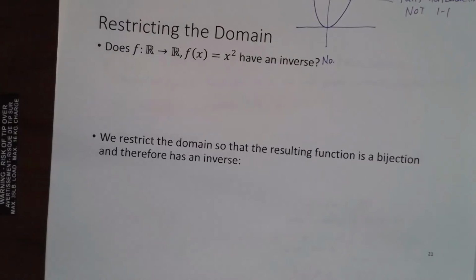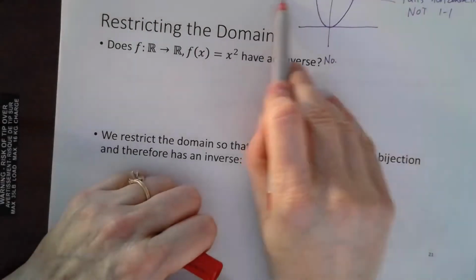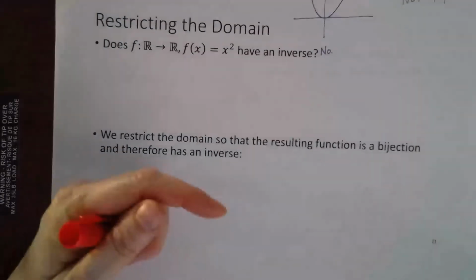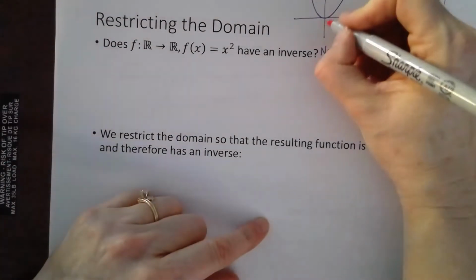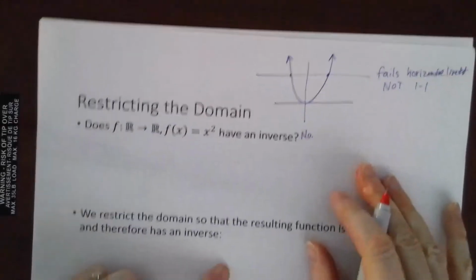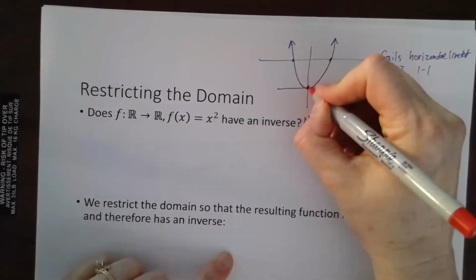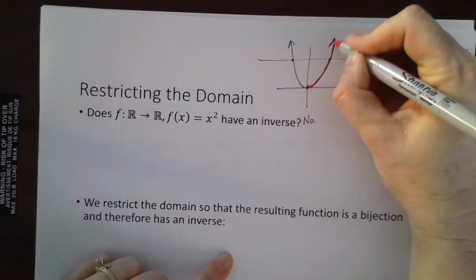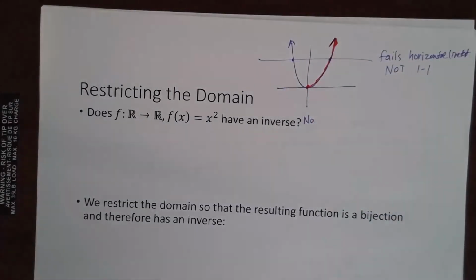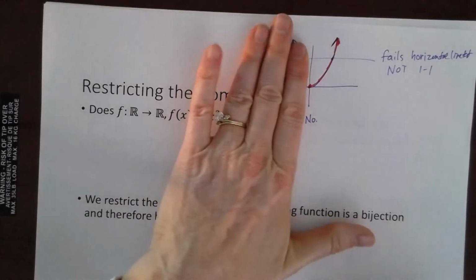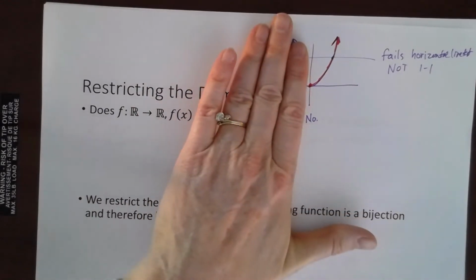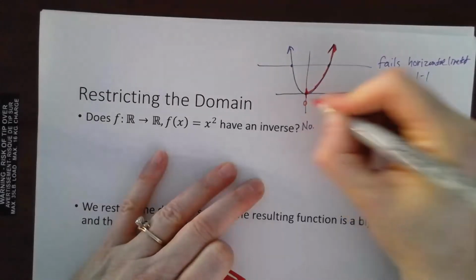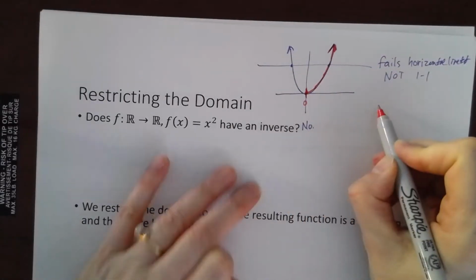I can't have both sides of this parabola because then it's going to fail the horizontal line test. But if I just took this part of it, just what's in red, and took away the part that's in purple over here, I'm restricting my domain to be x values that start at 0 and then go on to infinity.